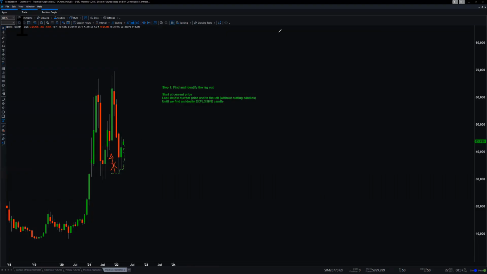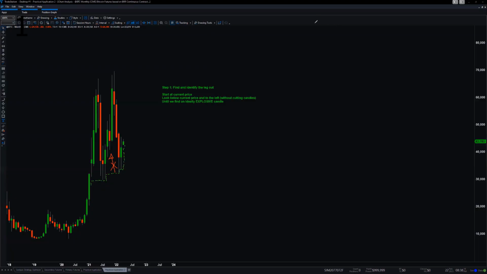This is what you're not allowed to do. We continue to look to the left. Now we're at this candle. This here is also not an explosive candle. It's also an indecisive candle. I look below to the left. Now we finally find one explosive candle, right?